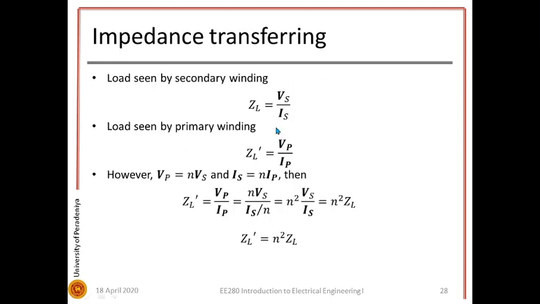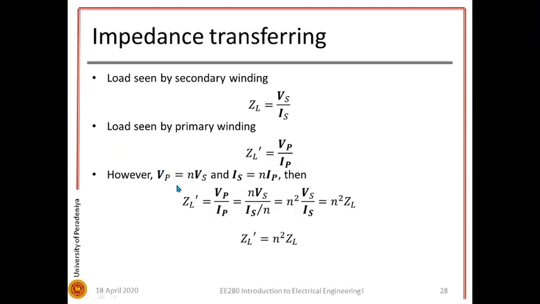First we can write an equation for the load seen from the secondary winding. So ZL would be equal to the voltage of the secondary winding divided by the secondary current. Then the load seen by the primary winding is ZL dash equals Vp over Ip.